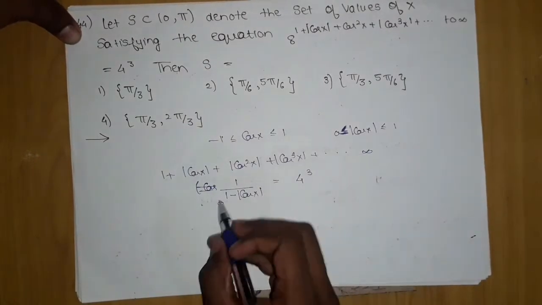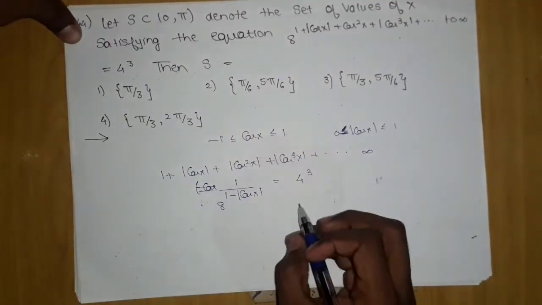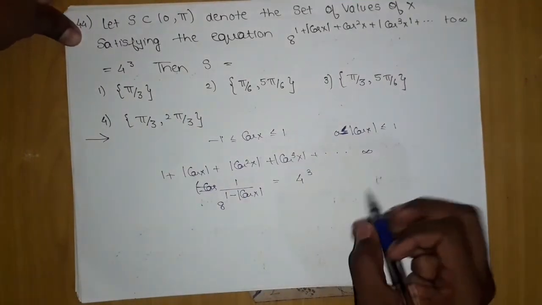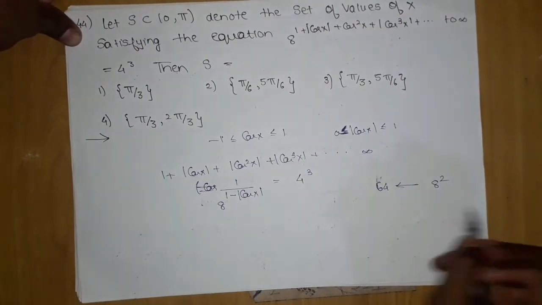So what manipulation will we do? We put the sum in 8 power, which was given in the starting. We know 4 power 3 is nothing but 64, but we know one more thing, it is 8 square.